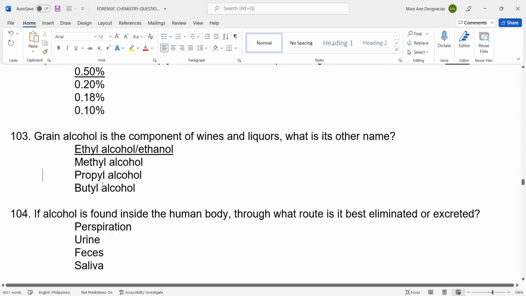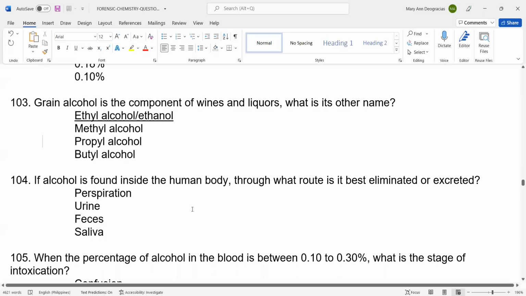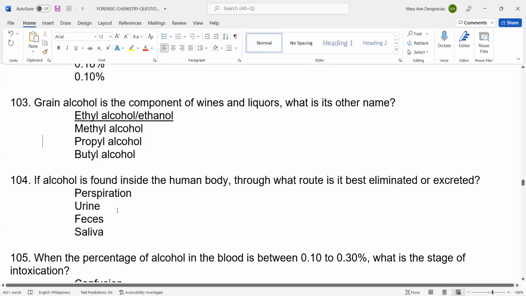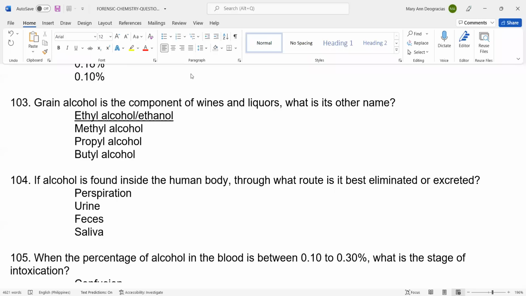Alright. If alcohol is found inside the human body, through what route is it best eliminated or excreted? Perspiration, urine, feces, or saliva? Alin ang best dyan? Magkakaiba sagot nyo. It's letter B. It's urine. Pag inom kayo ng inom ng alak, laging may limit, di ba?